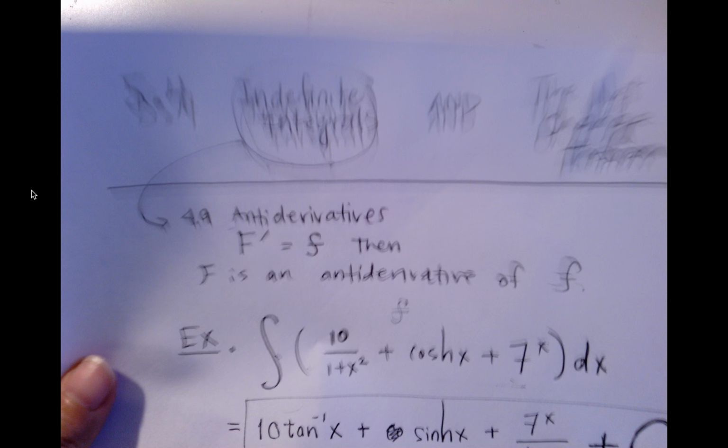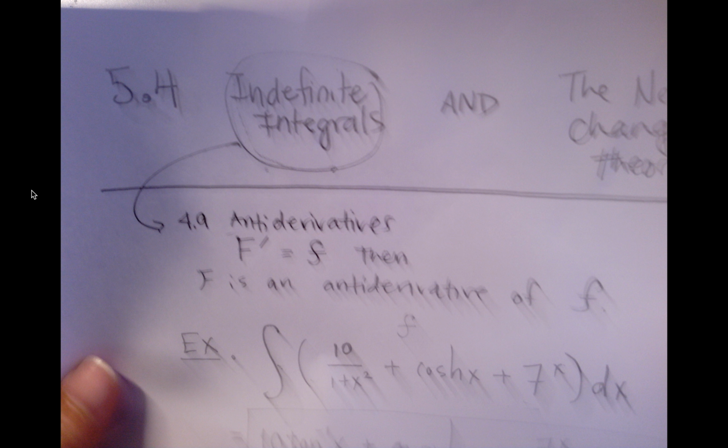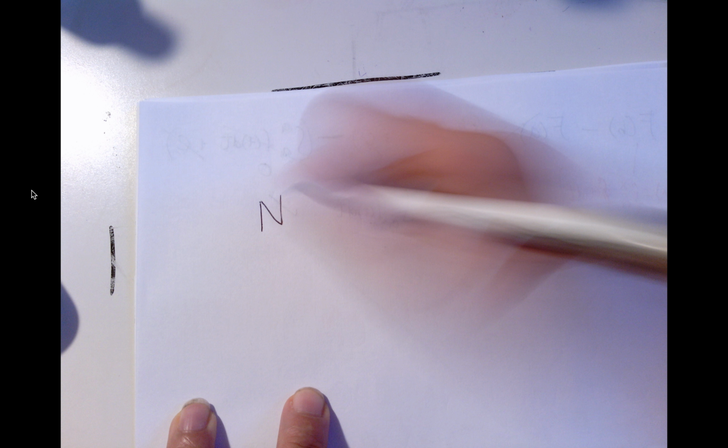There's just one other thing I want to say. I want to say something about the net change theorem. The net change theorem is just a way to interpret the fundamental theorem of calculus, part 2.